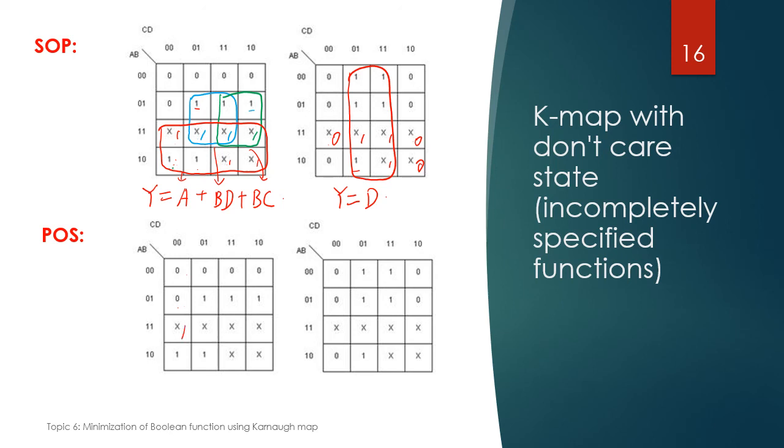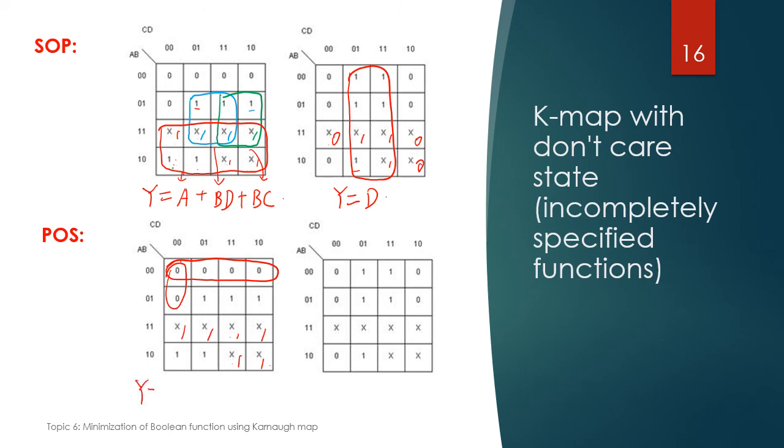So I can put this as 1. Then I can do a group of this 2, and I can do a group of this 4 here. There's not much reason to use those x because they are not really helping anything, so we just keep them as 1. Okay, then we got 2 groups.